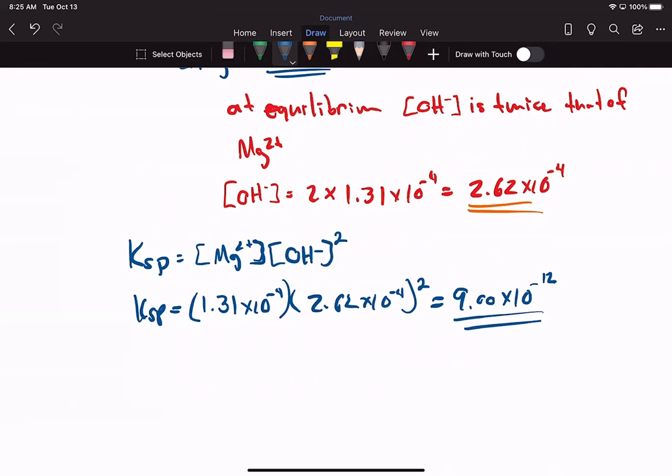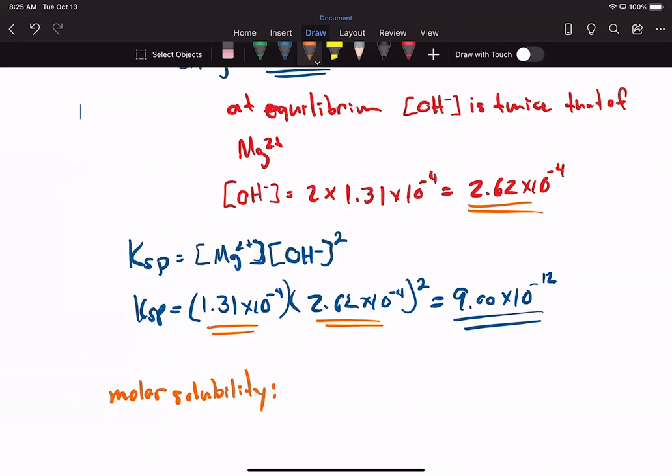KSP is our solubility product. Now, as far as these values go in here, this is what we're going to consider molar solubility.